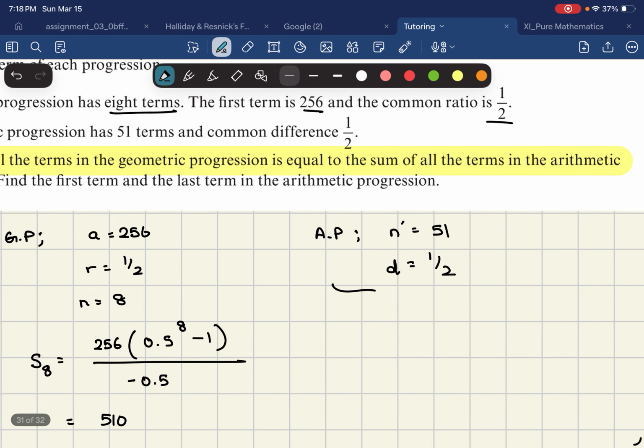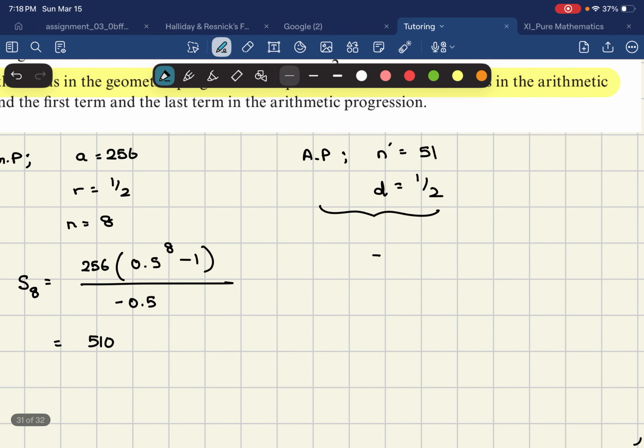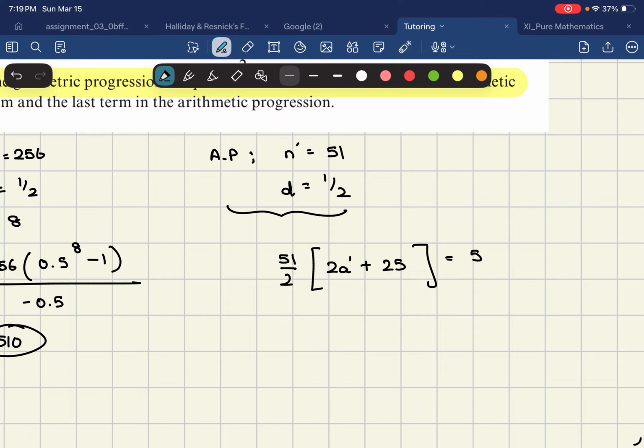And now we add up all our terms in the arithmetic progression. That would be 51 divided by 2, n by 2, times 2a, we don't know what a is for the arithmetic progression, plus n minus 1 times d. 51 minus 1 is 50, and we know the common difference is half. So 50 times half is just 25. And that is equal to 510. The sums are equal.